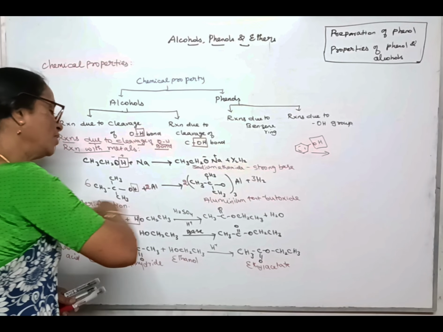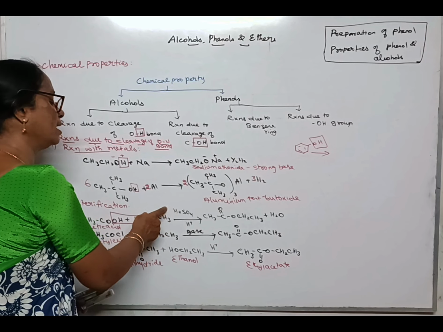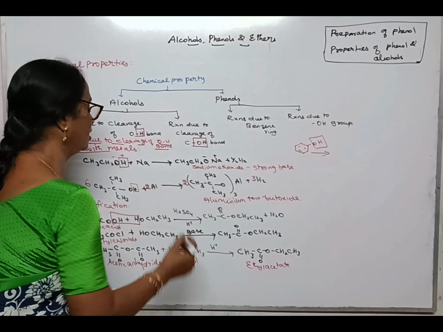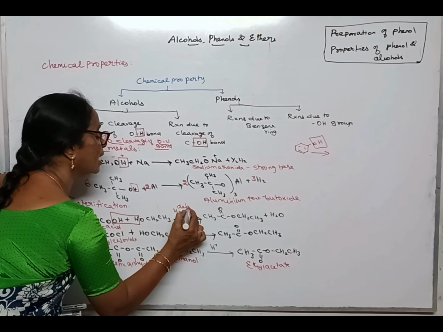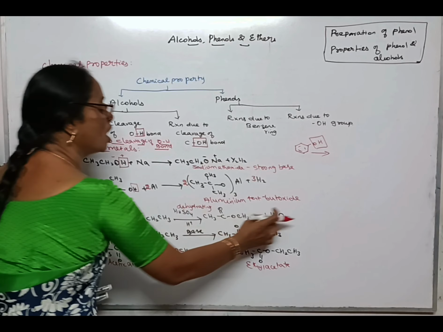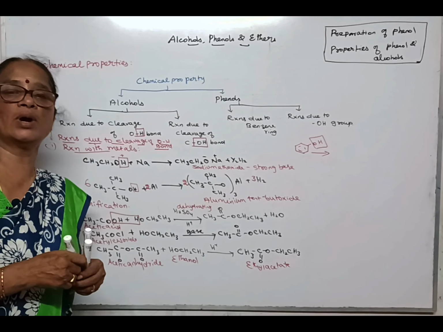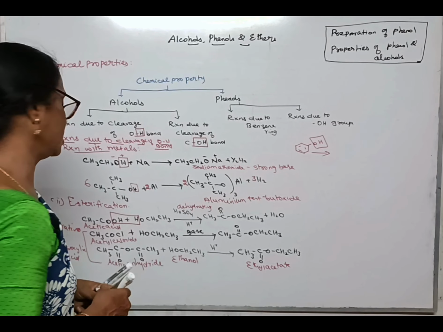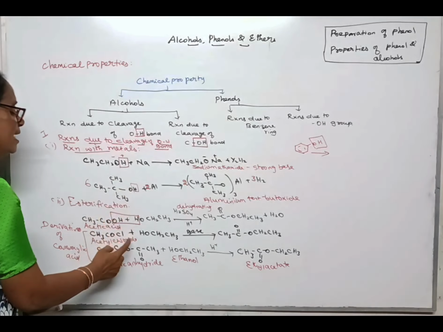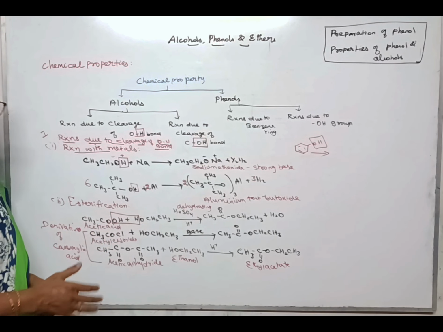So to drive the equilibrium towards the forward reaction, we take concentrated sulfuric acid, where it behaves as a dehydrating agent. So this may absorb the water produced. So the equilibrium will shift only towards the forward direction. So the reaction of alcohol with the carboxylic acid is termed esterification.